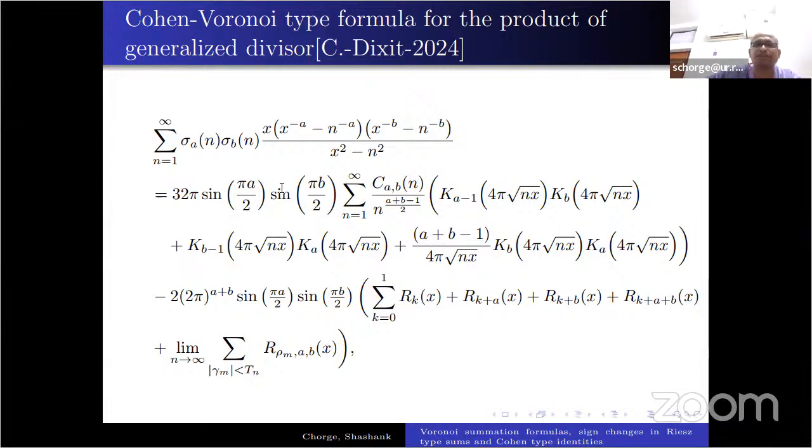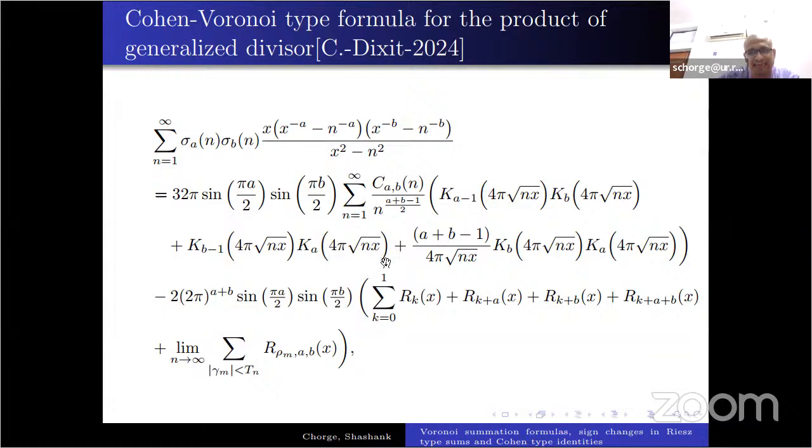A Voronoi summation formula for sigma a sigma b is possible, and not very hard, but it is very clumsy compared to the formulas we have found, which look kind of neat. So we decided not to go into that.